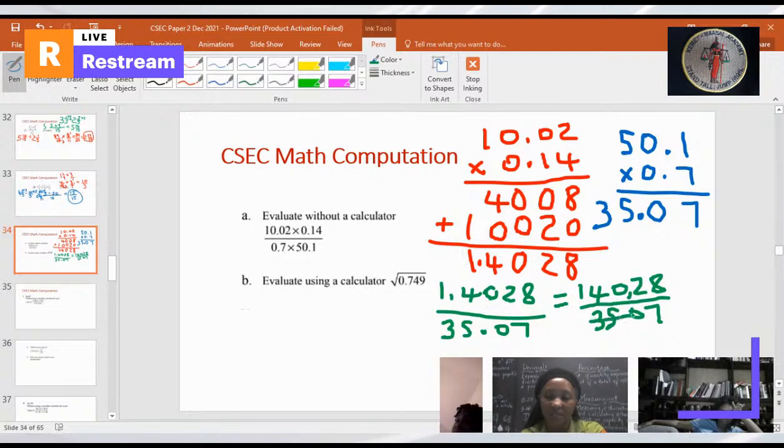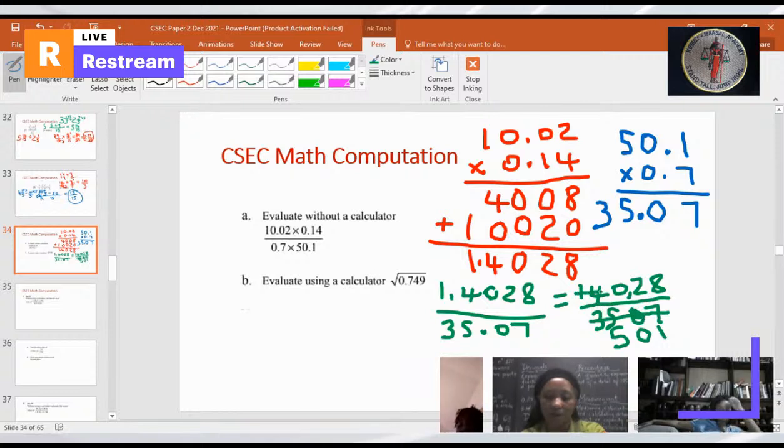So 7 into this, that will be what? 7 into 35 first is 5. Then 7 into 7 is 1 times. And 7 into 0 goes 0.